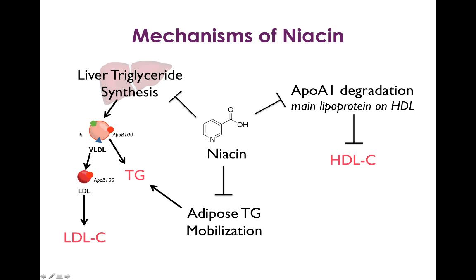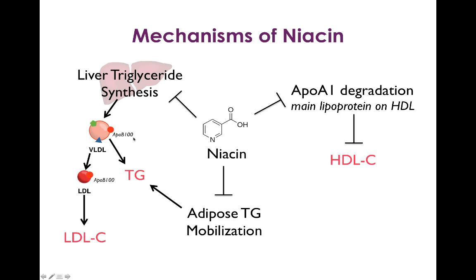So when you inhibit liver triglyceride synthesis, you're slowing down the production of VLDL. It takes longer for your liver to package up the VLDL. The VLDL that's trying to be made is waiting around for triglycerides in order that it can get going. And while that VLDL is waiting around, the ApoB100 is in the liver, and there's this chronic degradation of ApoB100, the key apoprotein on VLDL and eventually LDL.